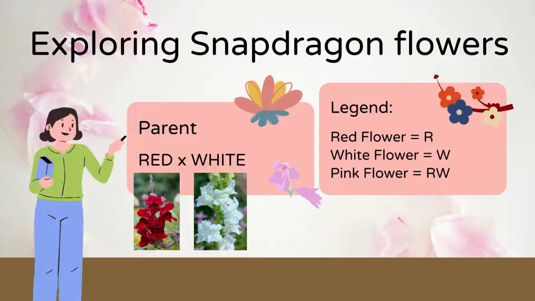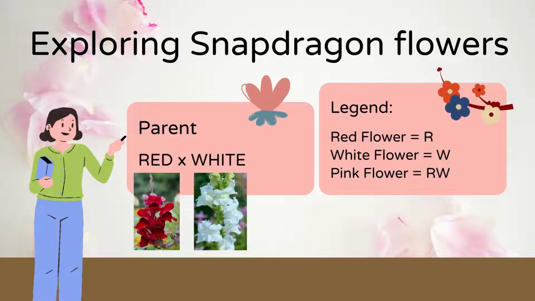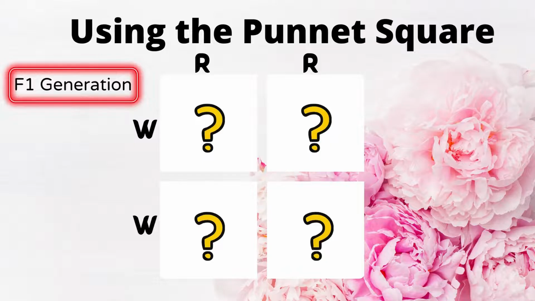Red and white are the parents. Capital R stands for red flower, capital W stands for white flower, and capital R and W stands for pink flower. Using the Punnett square for F1 generation, what are the possible offsprings?